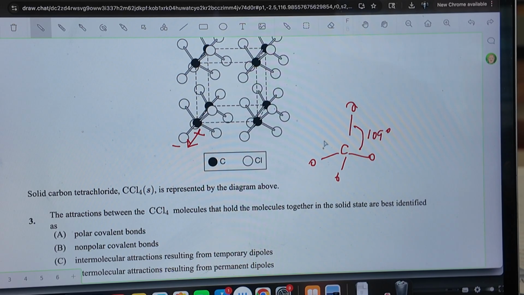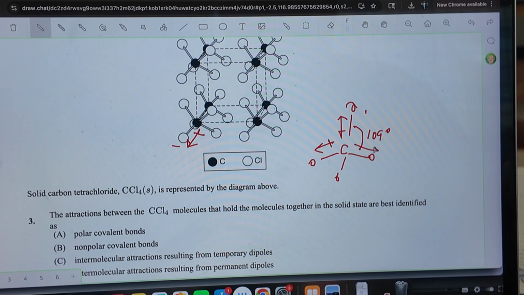Since they're all equal, all of these dipole moments cancel out, and there is no permanent dipole. So the main attraction between the molecules can't be dipole-dipole.